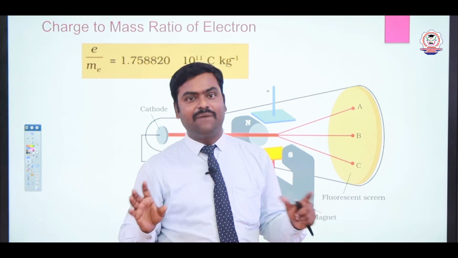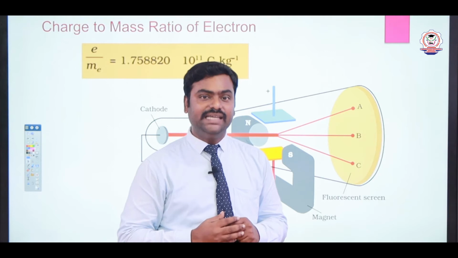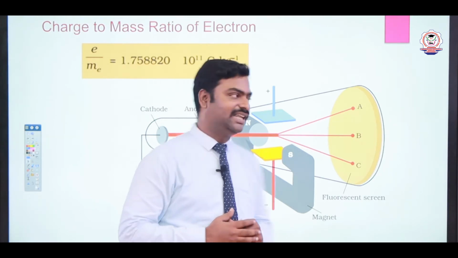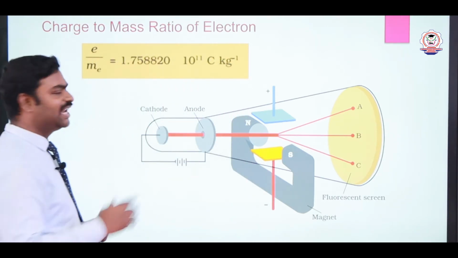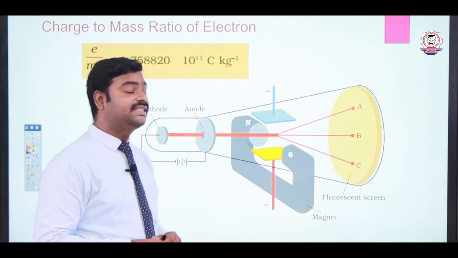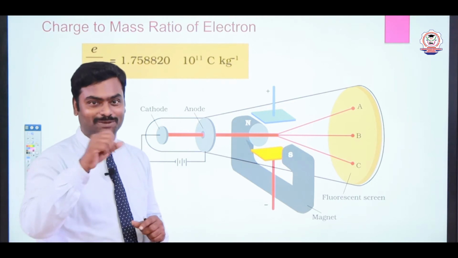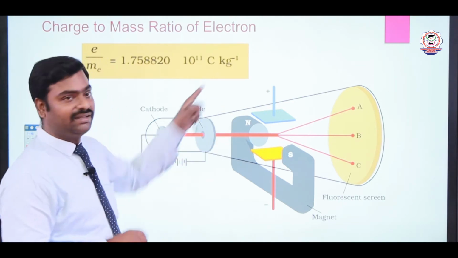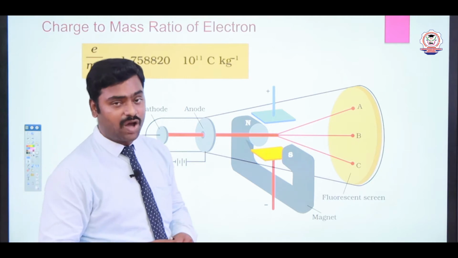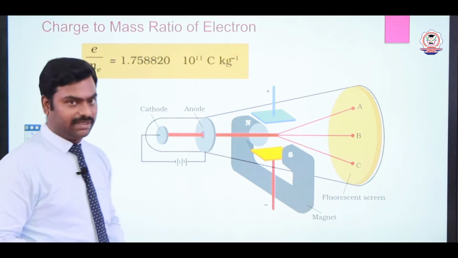He was not aware of the electron, but he could identify the e by m ratio of electron. So what is the e by m value of electron? That is 1.758820. What is the unit of e? That is charge, coulomb. And the mass may be denoted in gram or kilogram. So the unit is coulomb per kilogram.